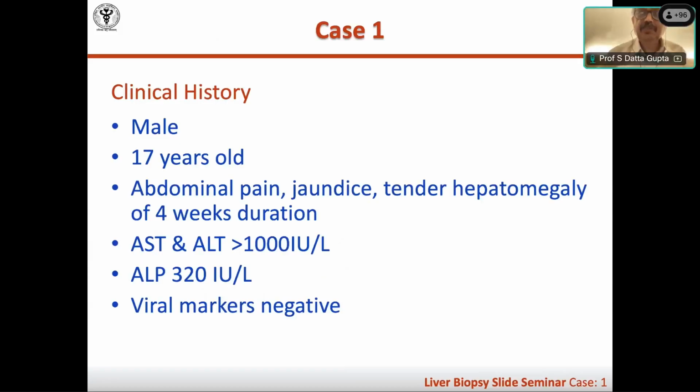Case 1. This is what was circulated to the residents. 17-year-old male with abdominal pain, jaundice, tender hepatomegaly, 4 weeks duration. High transaminases, alkaline phosphatase raised, and viral markers were negative. Okay? All of you are fine with this?